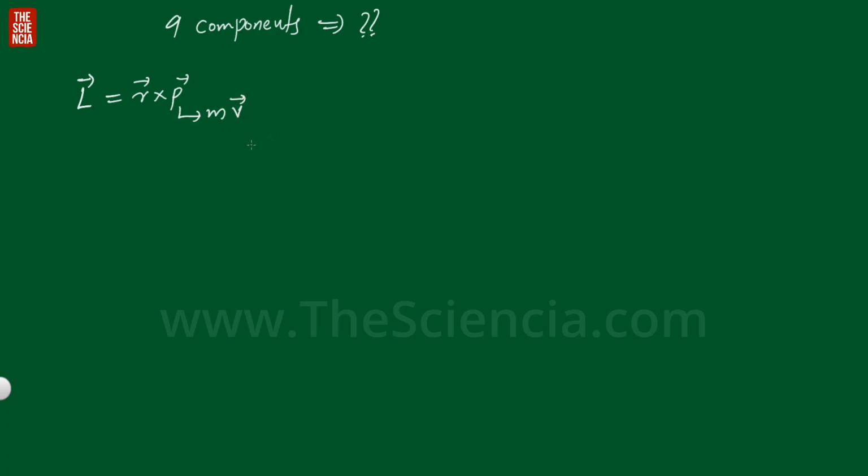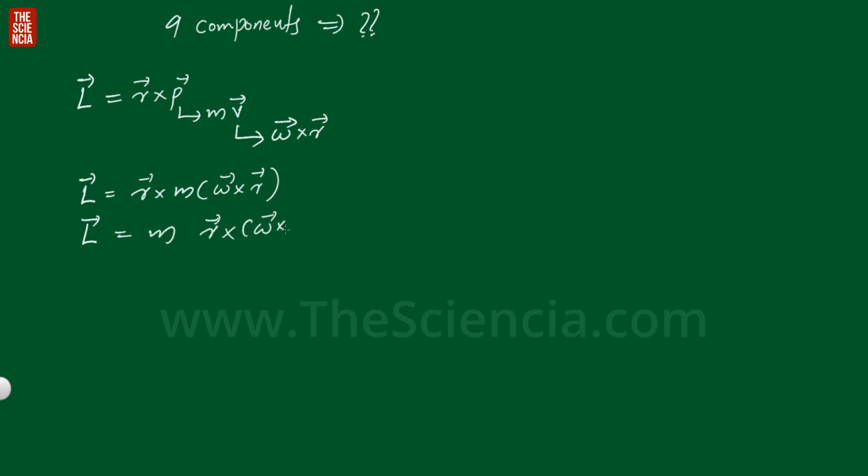Here we are dealing with rotation, and we know the relation between v and omega, that is v equals omega cross r. So we can rewrite this L vector as L equal to r vector cross m times omega cross r. Or I can take the m outside, that is L is equal to m times r vector cross omega cross r vector.